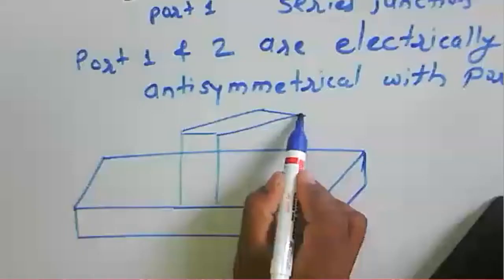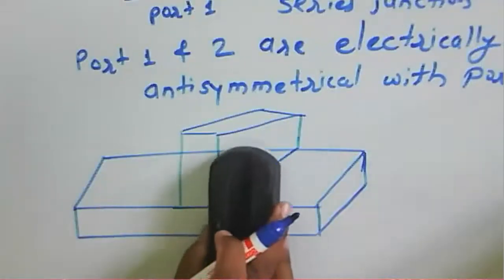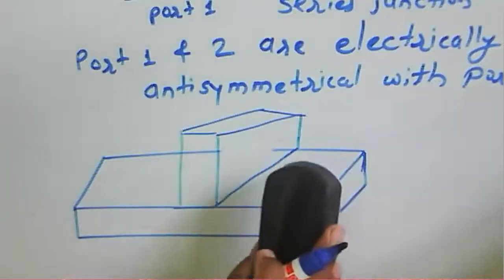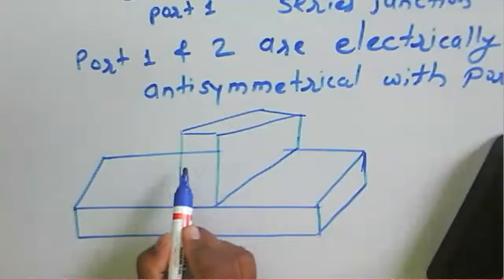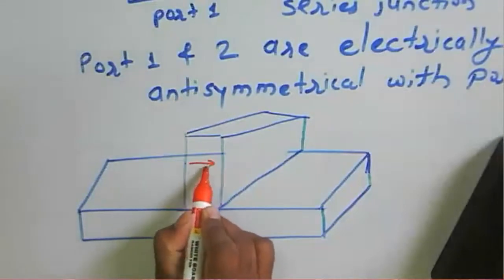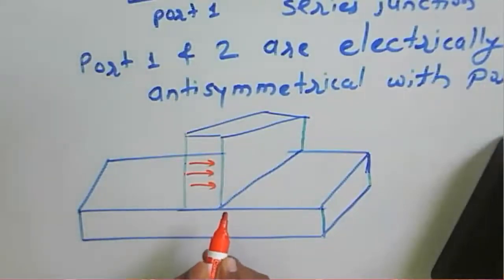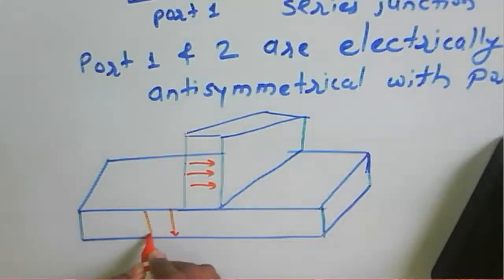So this one is your structure, and I say this is your E-plane, the E arm. Now suppose the electric field components are propagating from port 3 and entering. How do the field components look?